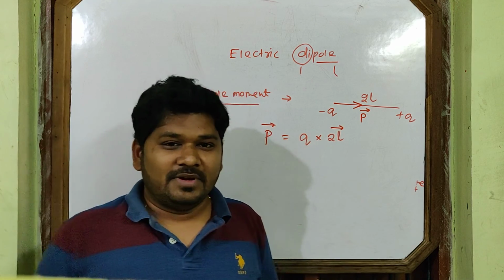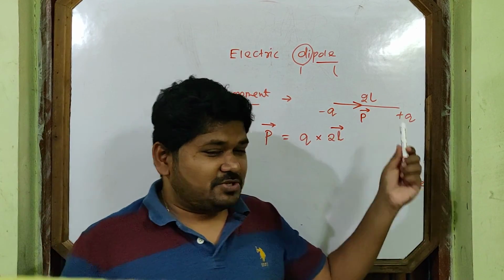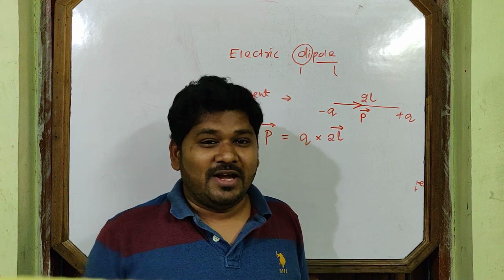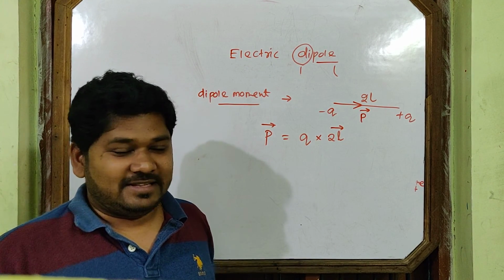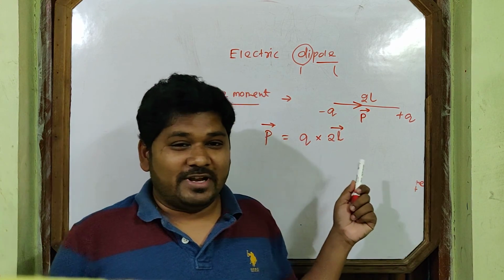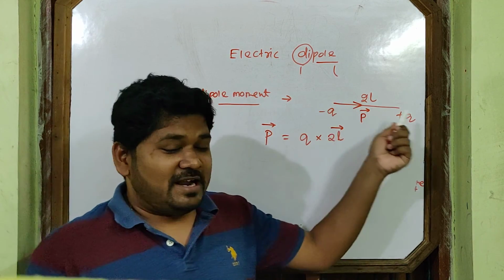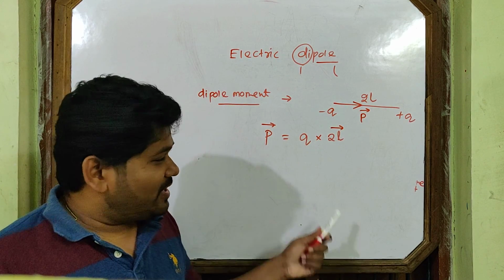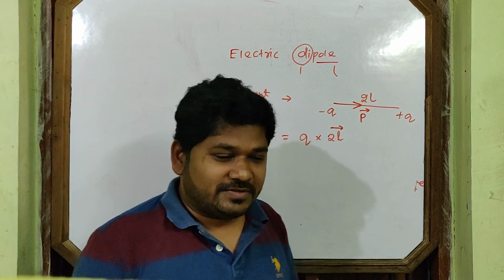Why from minus q to plus q? No answer, because this direction is also conventionally taken, so don't question why the dipole moment direction is from minus q to plus q.